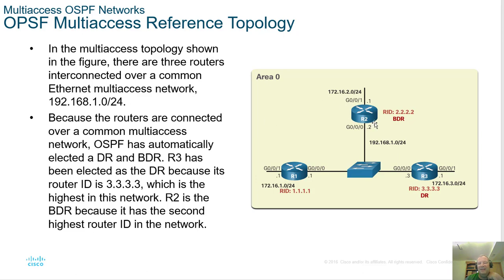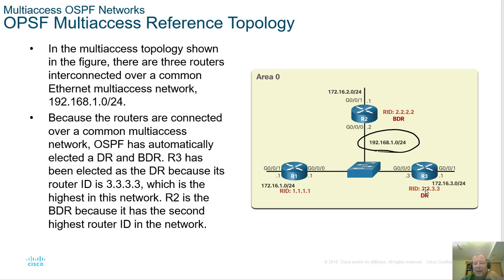Now, in this case, they set these router IDs up by using loopback addresses, okay? So let me give you an example. In this case, all of the LANs are 172.16.1 dot something, but the network in between all these routers is 192.168.1.0/24.